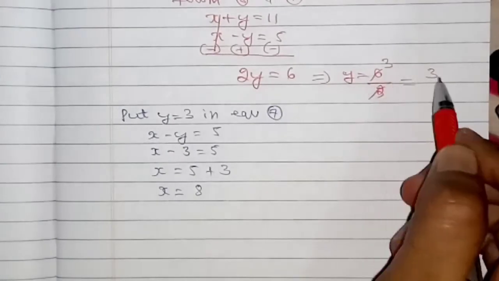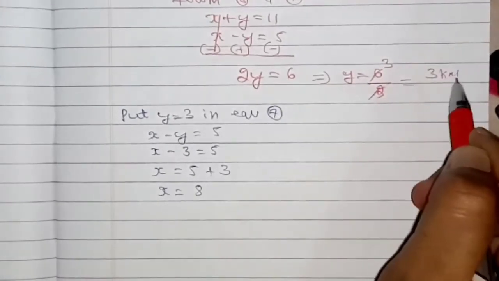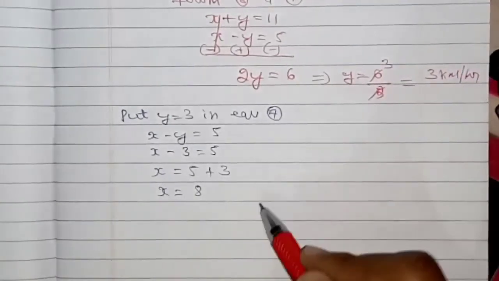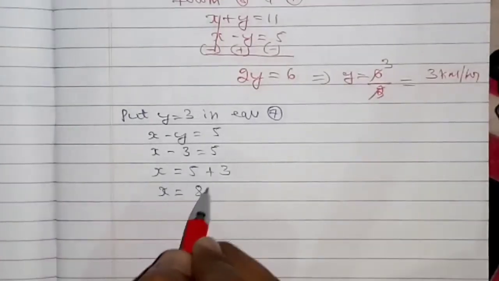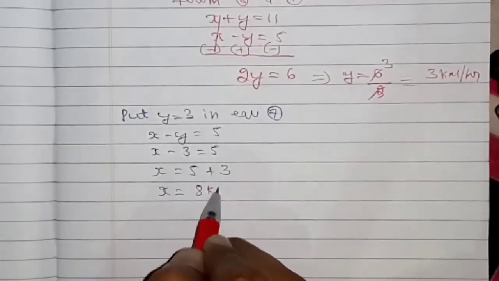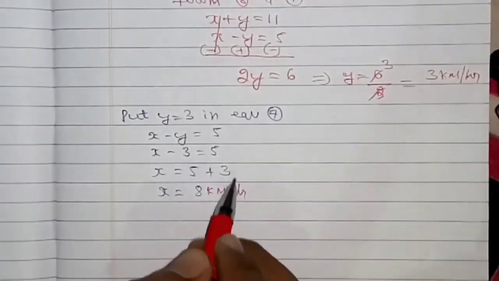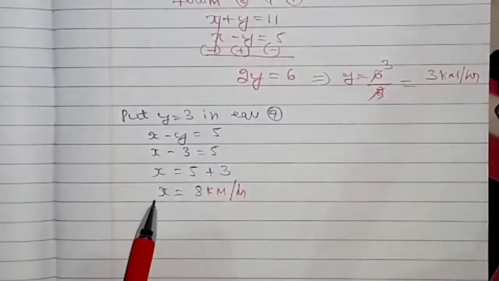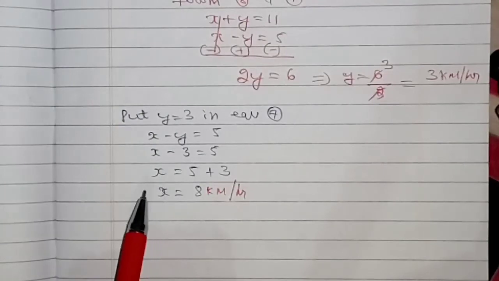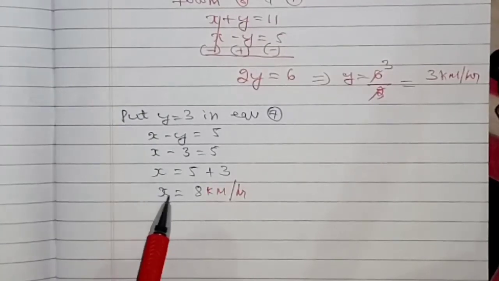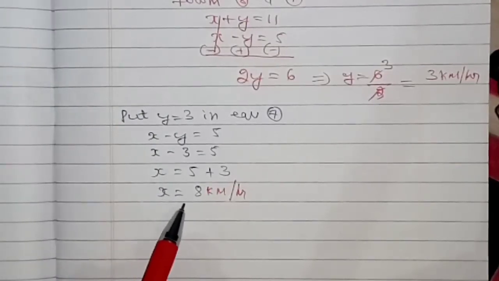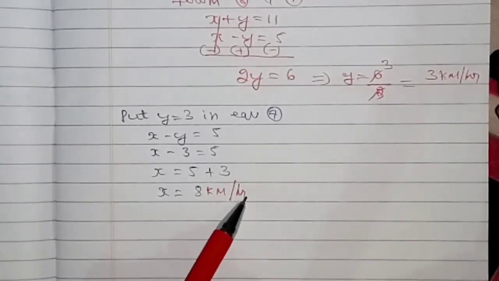So y is equals to 3 kilometer per hour and x is equals to 8 kilometer per hour. Nothing but x is, we have wrote x as the speed of a boat in still water. So what is the speed of a boat? 8 kilometer per hour.